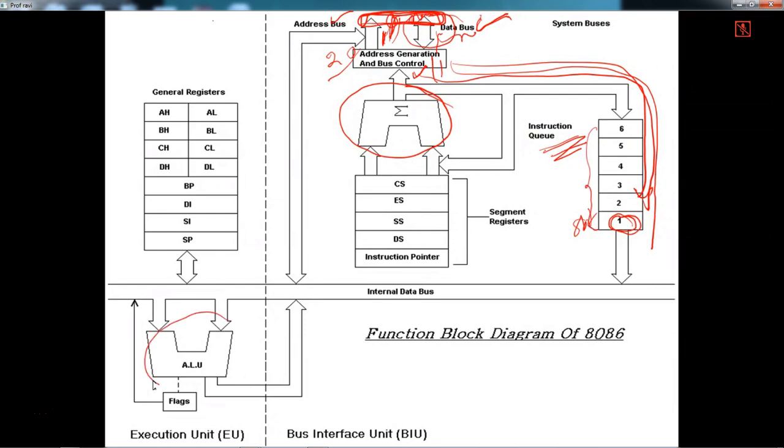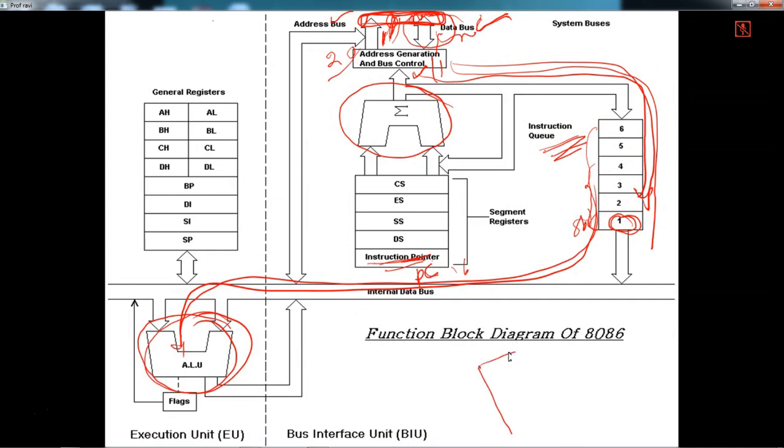And then here is your ALU. This ALU draws the instruction from the queue, and this is your instruction pointer or program counter, as we call it, which will point to your memory location, right? It is of 16 bits. Then it will draw the instruction, and this ALU will execute. See, this is the symbol of the ALU.